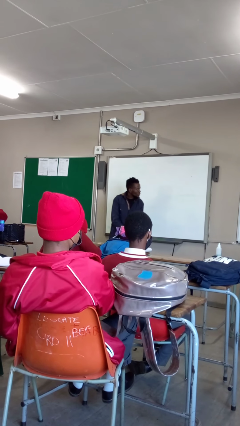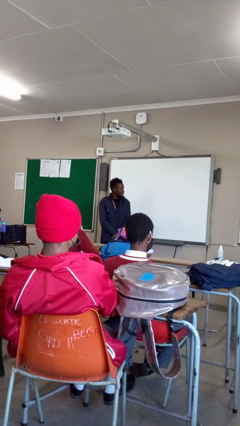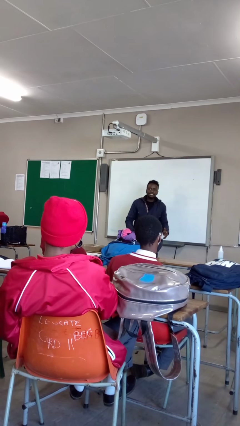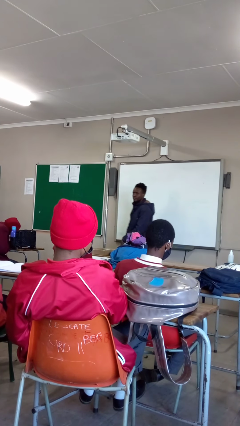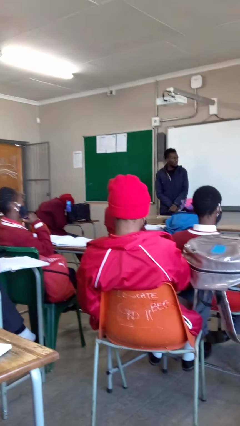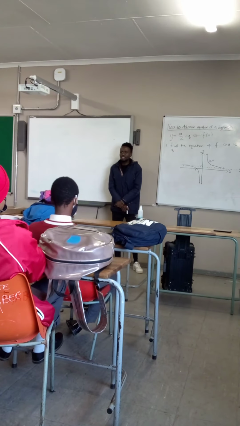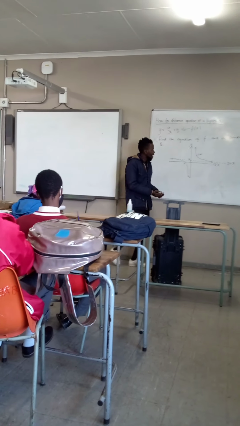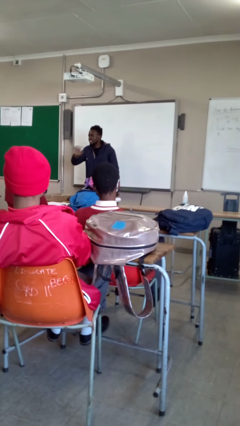So now, is our value of a greater than 0 or less than 0 according to this graph? It is greater than 0, because our graph has been drawn in the first and the third quadrant. That means our a must have a value greater than 0.